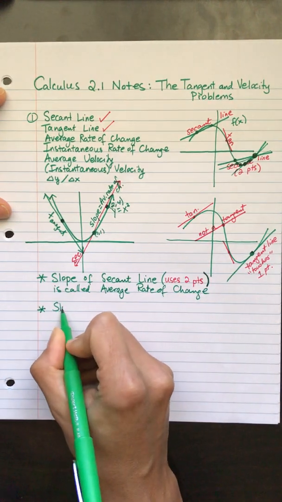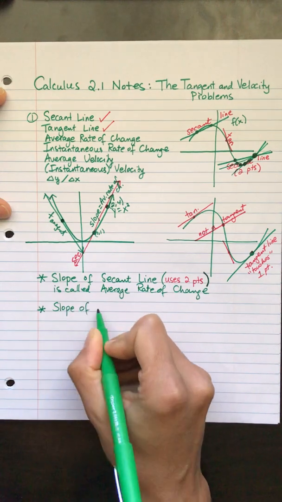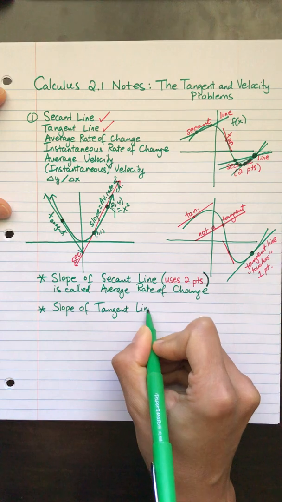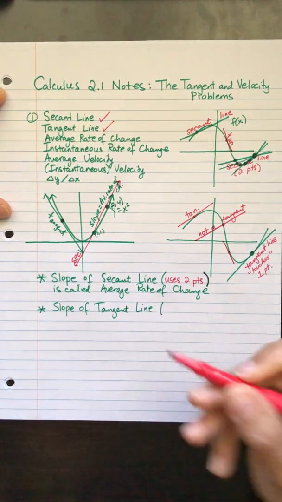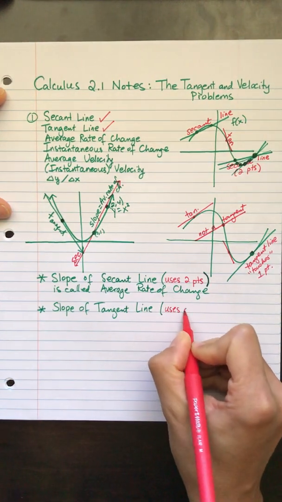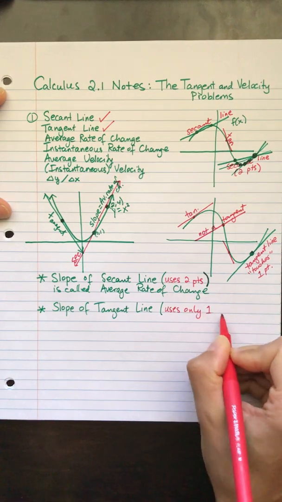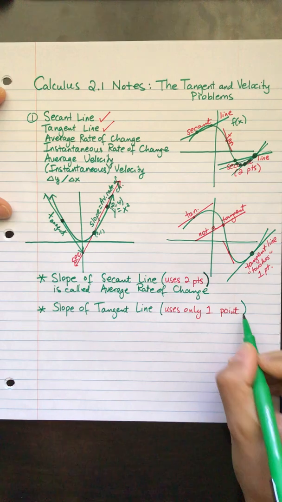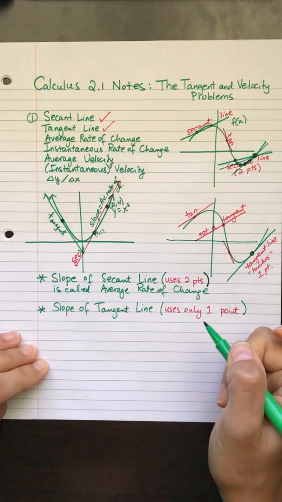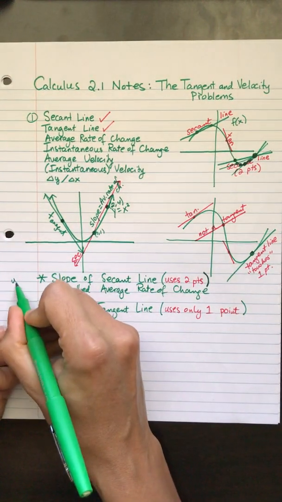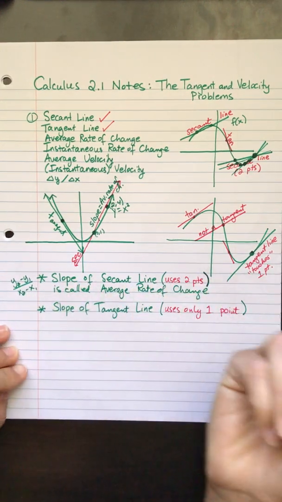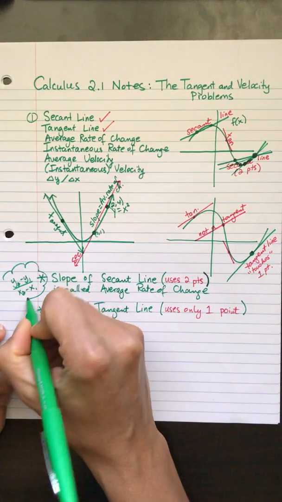So what do you call the slope of the tangent line? Well, a wild guess, I'm sure you're guessing right now, which uses only 1 point. So you can't really calculate a slope using 1 point. You can't do a y2 minus y1 over x2 minus x1. Remember that slope formula?